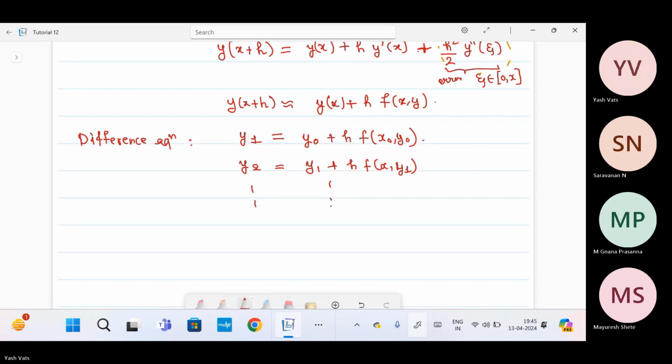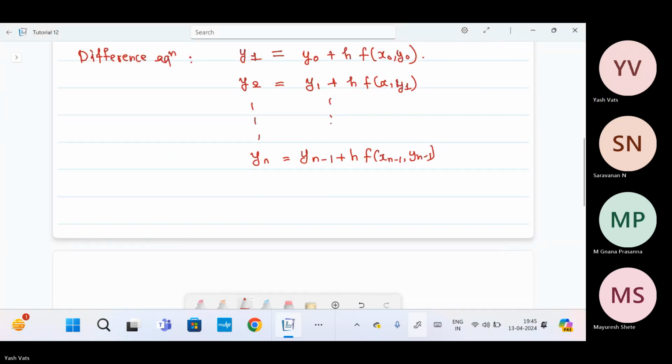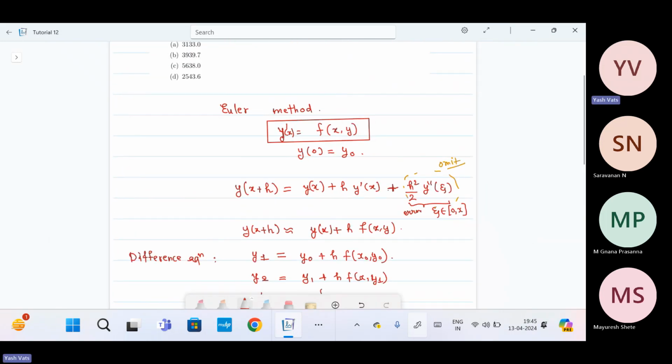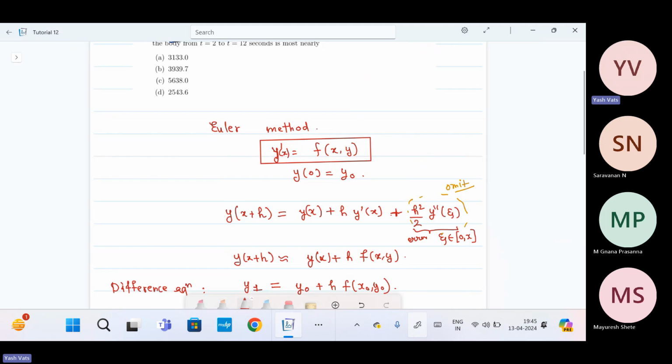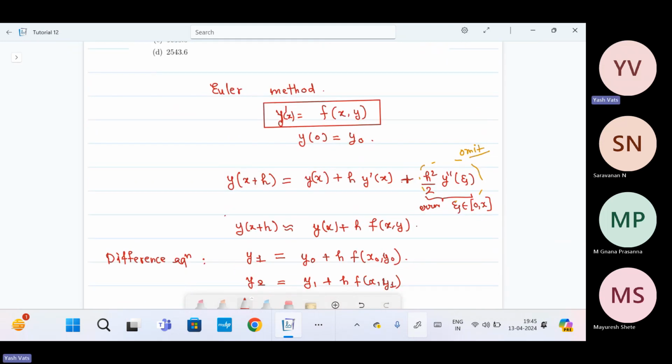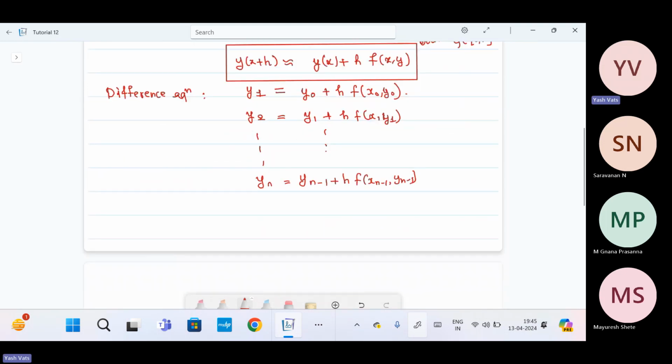So yn is equal to yn minus 1 plus h f(xn minus 1, yn minus 1). Then you can find out the solutions. This is basically the formula for your Euler method. This is called the forward Euler method.